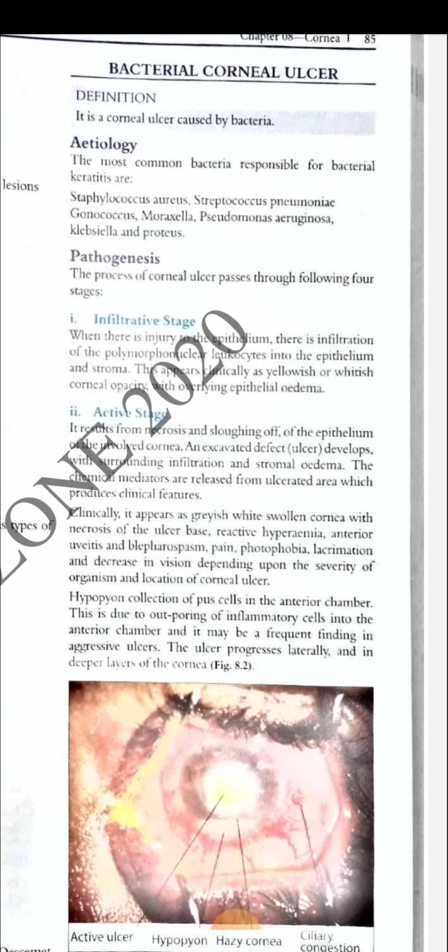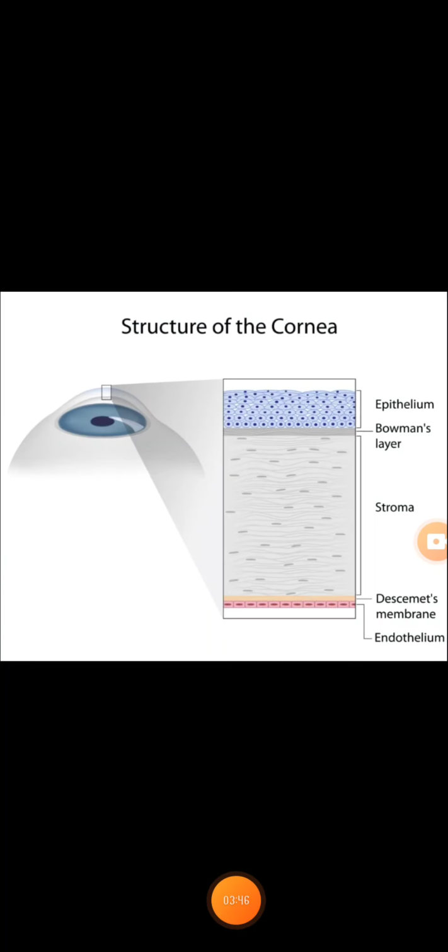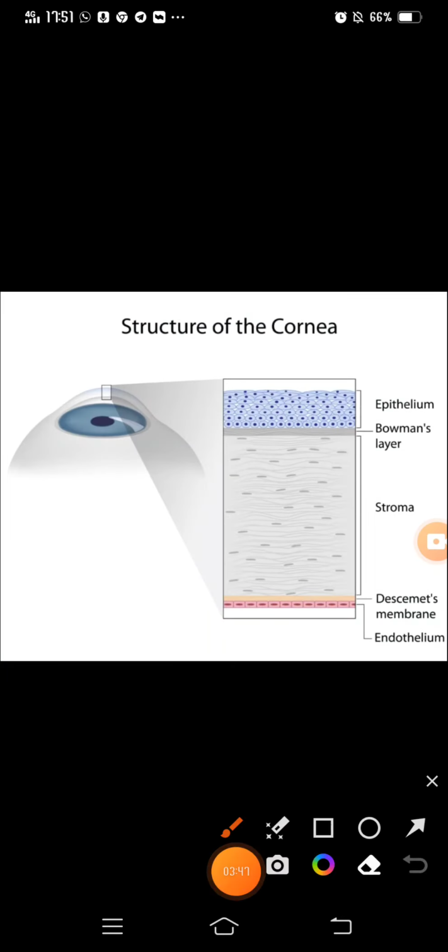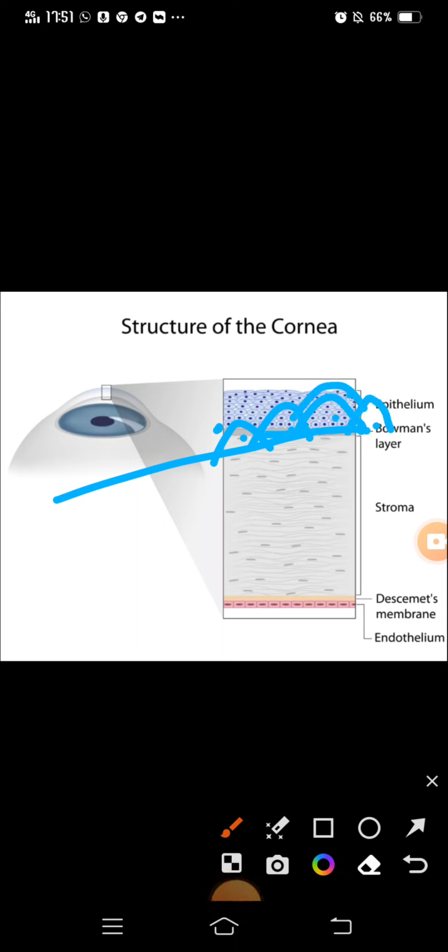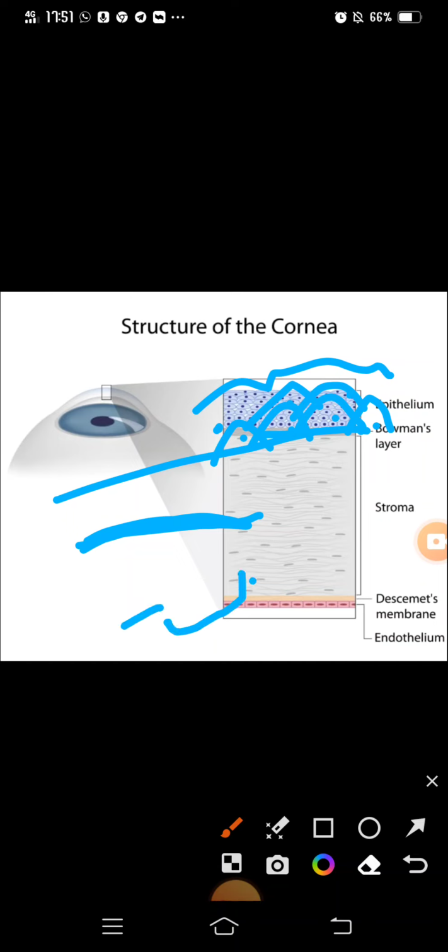You can suppose that this was your epithelium, which was made up of stratified squamous epithelial cells, but whenever this sort of epithelium is necrosed, such type of epithelium is seen, and ultimately a time will come when there is an excavated defect produced here, which is known as an ulcer.